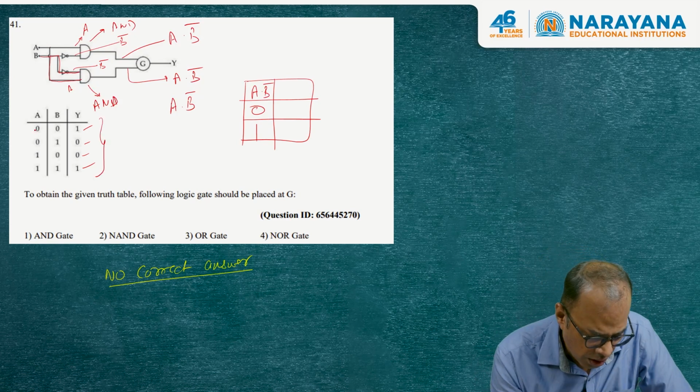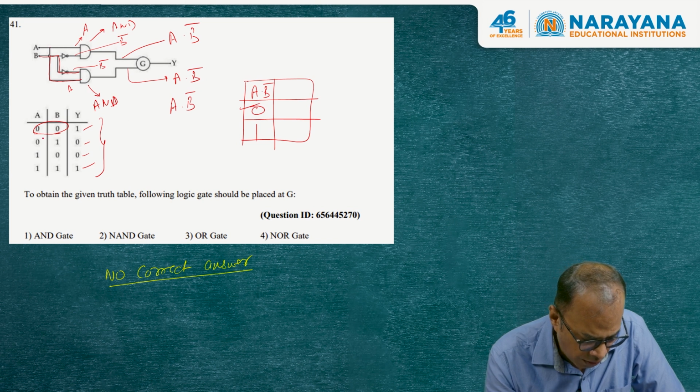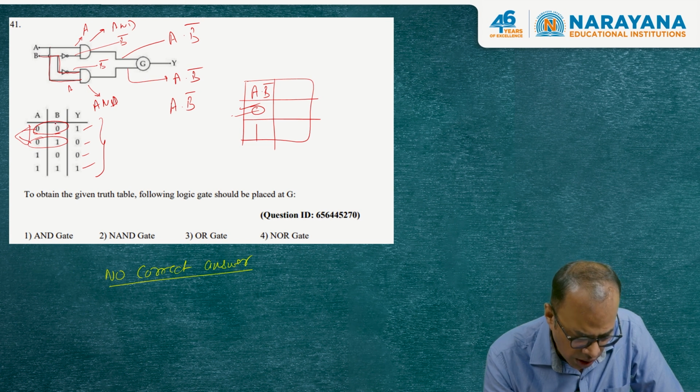Let's verify. If A is 0, B is 0, then A dot B bar is 0. So corresponding to this we will have 0. If A is 0, B is 1, again we have 0. So for first and second case A dot B bar is 0. And if A dot B bar is 0, then we cannot have two different outputs for the same input. So not possible. The given situation is not possible actually.